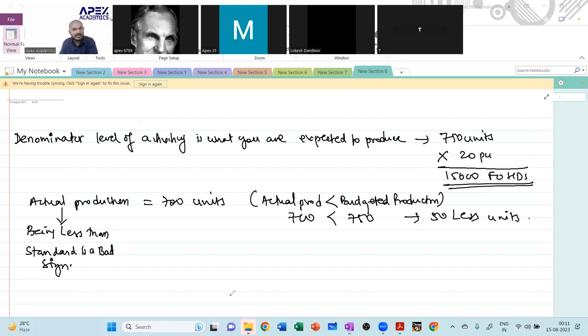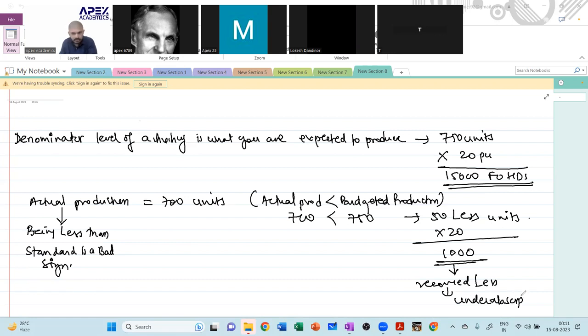That means 50 units less. How much are you expected to recover in cost per unit? 20. Therefore, you have recovered how much less? 1000 is recovered less. This is called under absorption. This is fixed cost related.